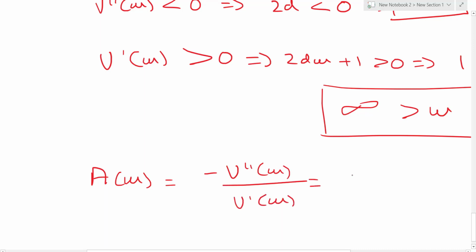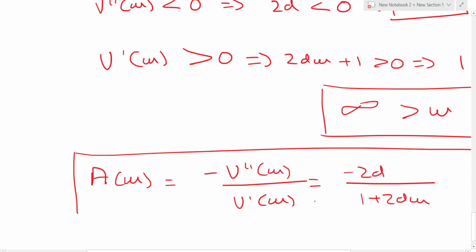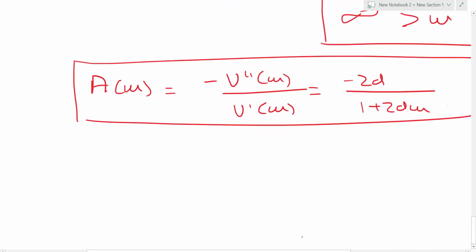So it would just be equal to minus 2d divided by 1 plus 2dw. This is your absolute risk aversion for the quadratic utility function.